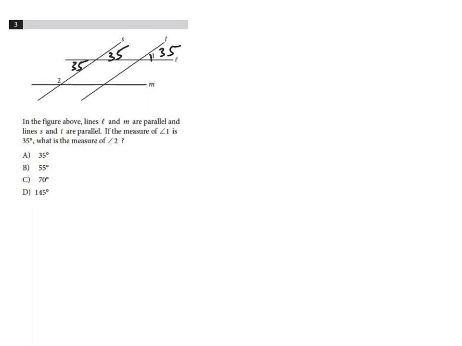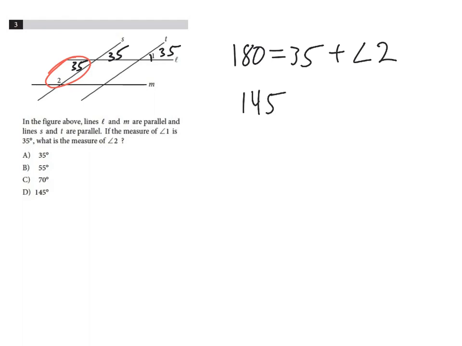And then here, these two angles are same side interior, and that means they're going to be supplementary. Therefore, 180 equals 35 plus angle 2. So that's going to be 145 is going to be the measure of angle 2.